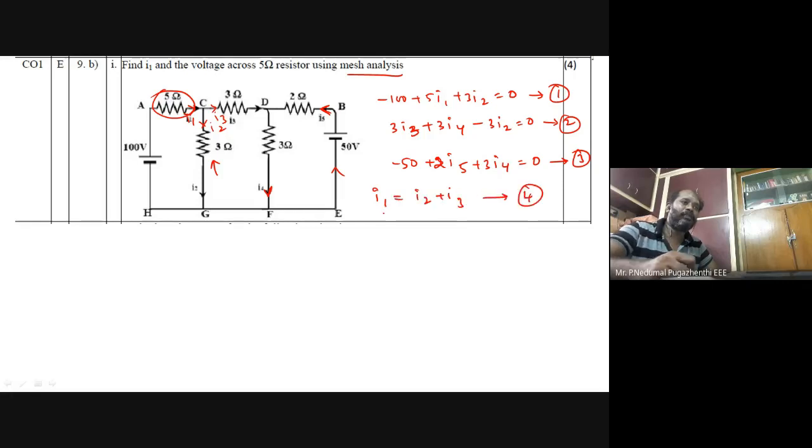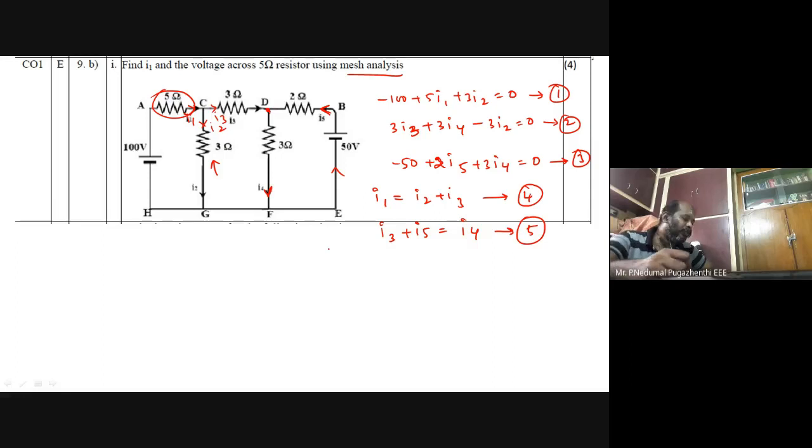I will take this as the fourth. Using this particular node, I will write I3 plus I5 is equal to I4. This is my fifth equation.